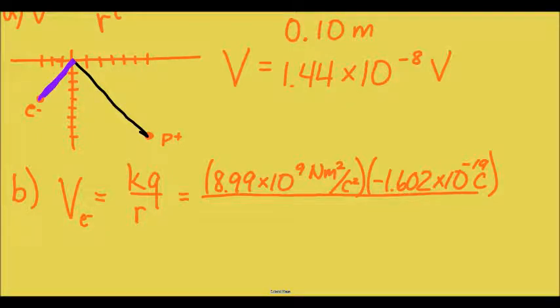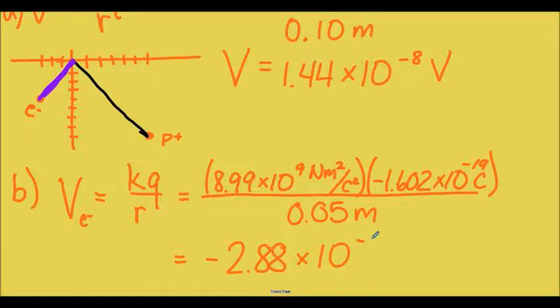That one's also pretty easy to calculate using trig and the Pythagorean theorem. And I get 5 centimeters or 0.05 meters there. When I calculate that value, I find that I get negative 2.88 times 10 to the negative 8th volts.